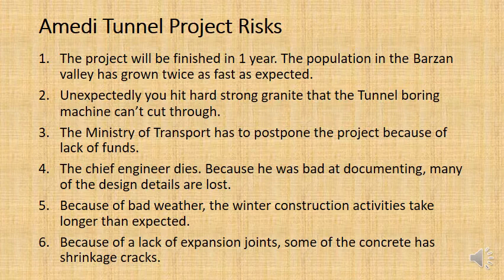Now, with these 6 risks, some of them might be very high likelihood and low impact. Some of them might be high impact, low likelihood, and some of them might be high likelihood and high impact. But this would come about with just the brainstorming of the project team in the early stages of the project.